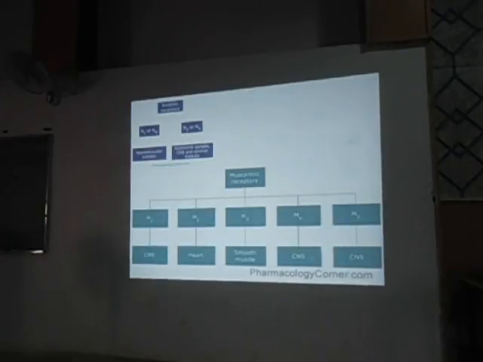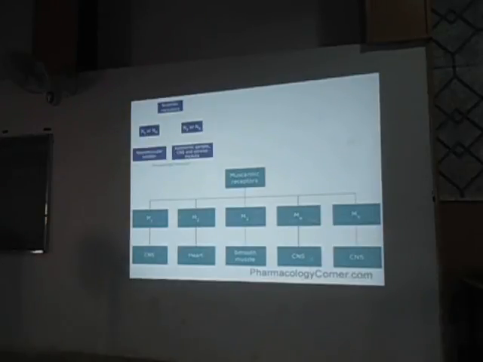Okay. So in this chart, I need you to understand that the drugs which we are studying today are anti-muscarinic agents rather than anticholinergic agents. I am using a new term, anti-muscarinic, because the drugs we are using here are anti-muscarinic.